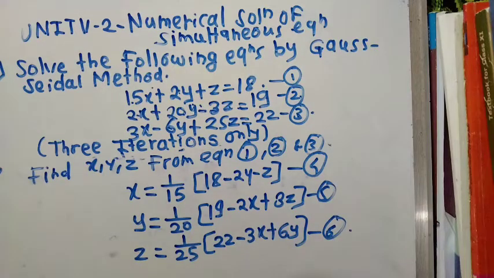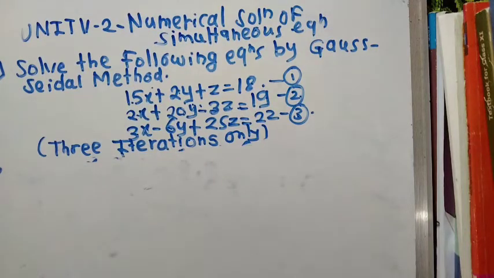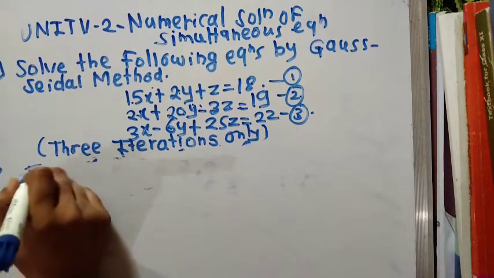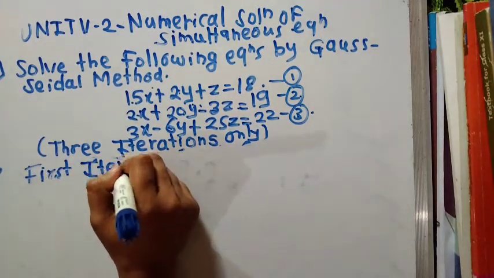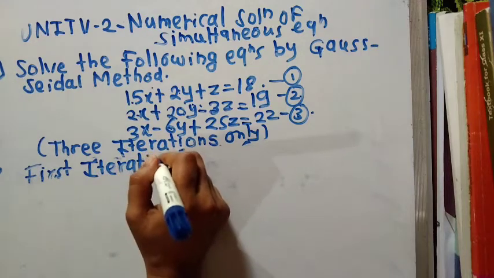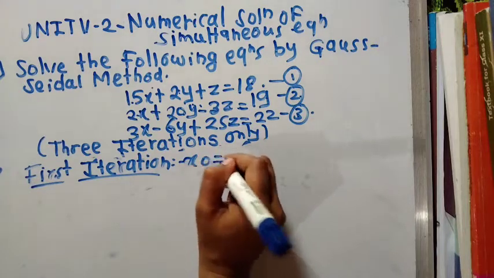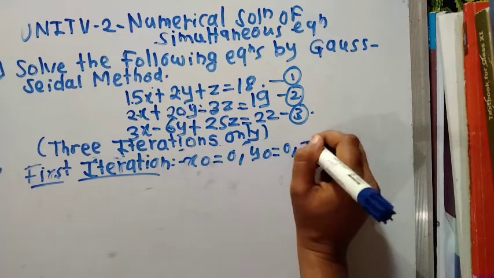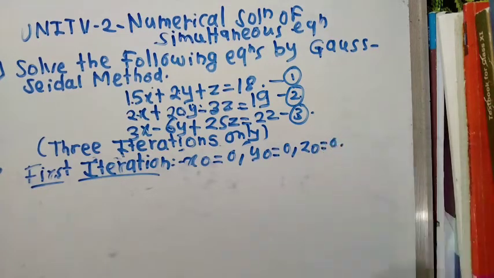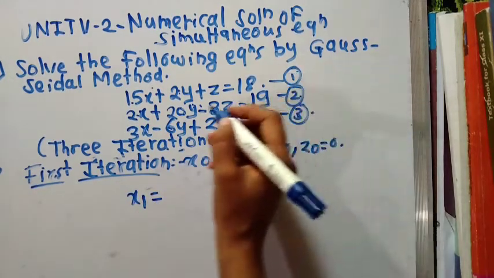Then from this find out first iteration. For first iteration x0 is equal to 0, y0 is equal to 0 and z0 is equal to 0. Then first find out x1 from equation first.